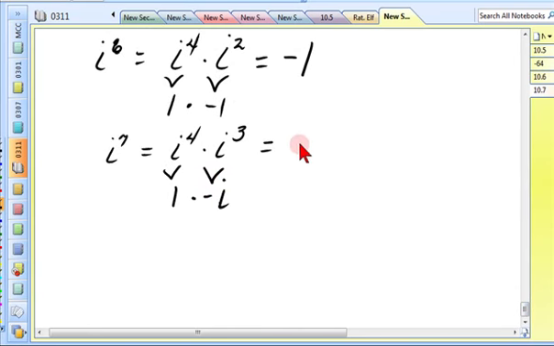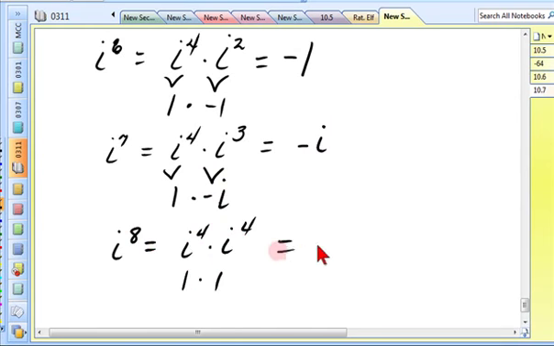So it's equal to -I. Now, we'll do one more. I to the 8th. That's I to the 4th times I to the 4th, which is 1 times 1, or 1.